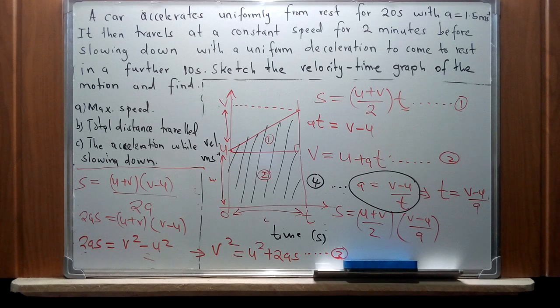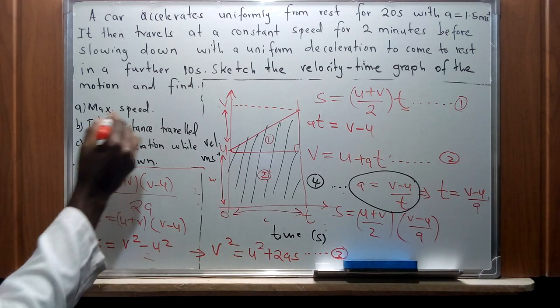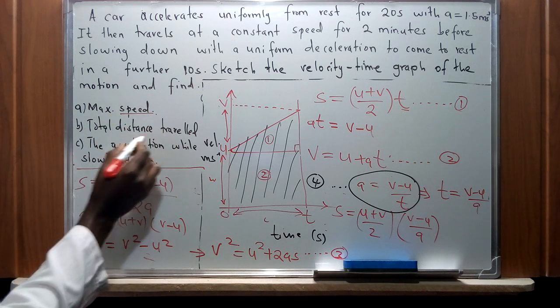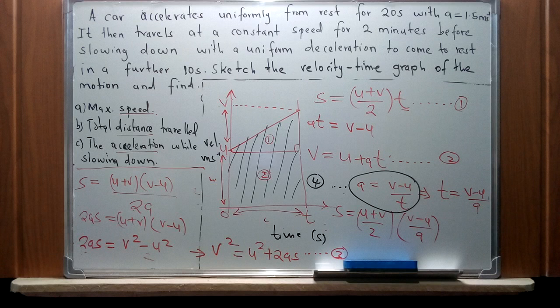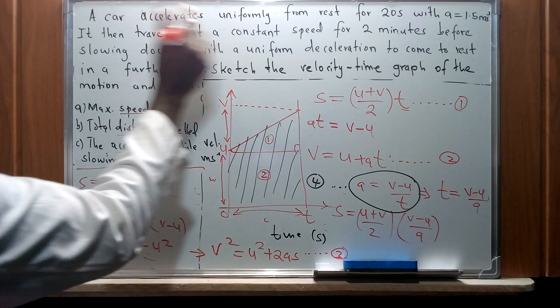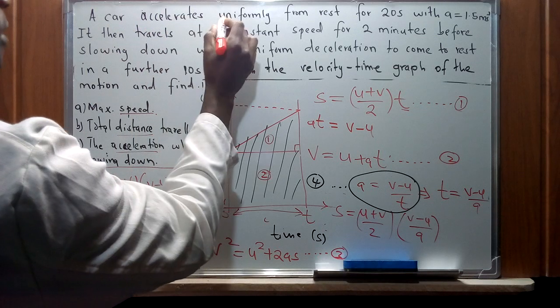So this information that we have discussed is going to assist us in trying to solve our problem, because in as much as we are going to use the equations, what we are required to find is speed, and then the total distance, and then acceleration. And then there was this concept of a car that accelerates uniformly.